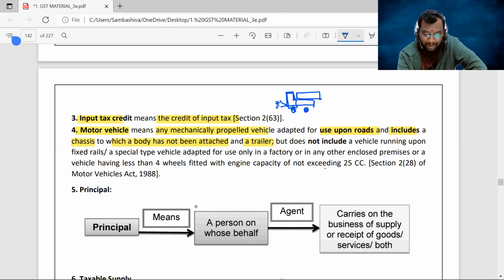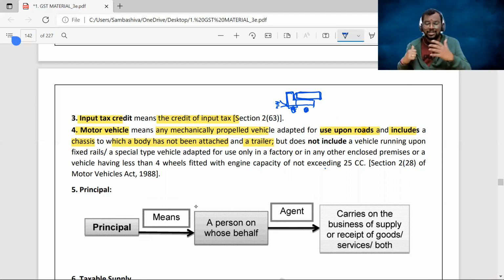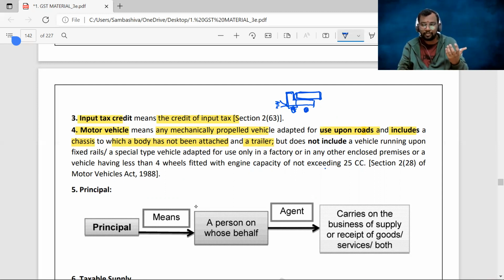See, this back part will be designed and manufactured according to the needs of the customers. Like some customers require open top, some customers require a fully closed back side of the vehicle, and some customers require only the side parts, right? Only the side parts protection, and the remaining portion will be open top.